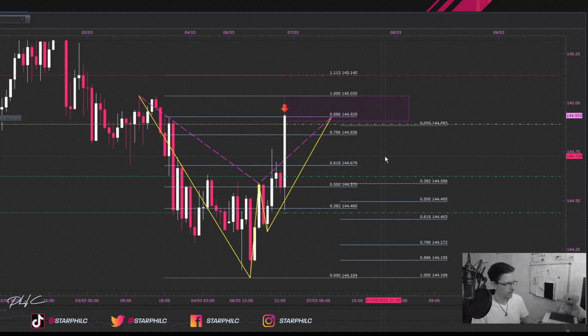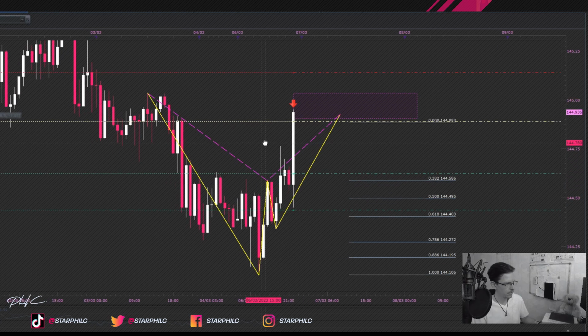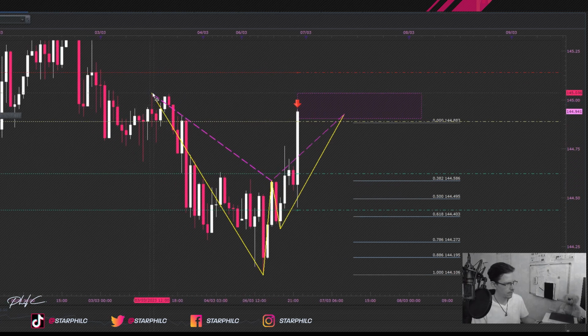Right now we're filled, and I want to get a reversal out of this. So we'll see what happens here. Filled on the bat pattern. So just to catch up, we had the highs here, right there.